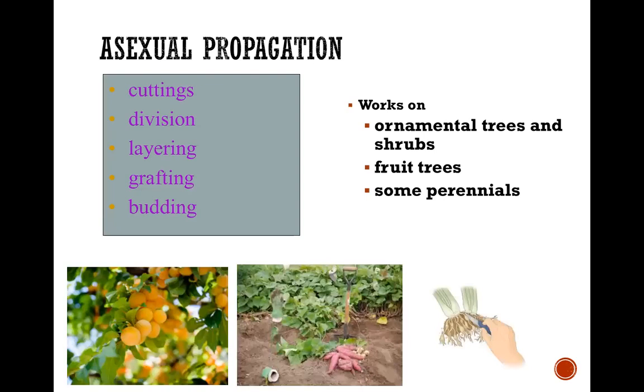In a practical sense, we're really going to focus on the practical applications of vegetative propagation, in that we're able to take cuttings and do divisions and grafting and budding and air layering. Some of you might have trees in your own yard that are a result of grafting, and many fruit trees that we get our apples or our peaches from are a result of grafting.